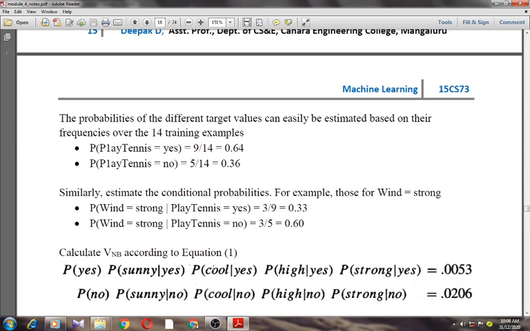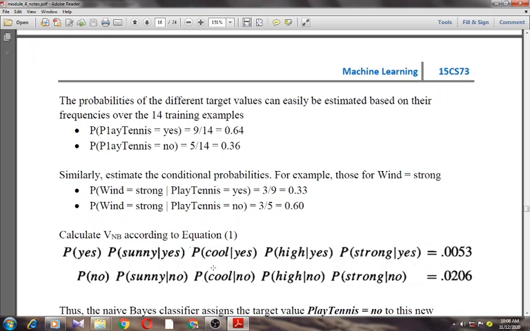So here we can notice that in the final expression, Ai has been instantiated using the particular attribute values of the new instance. To calculate V_NB, we now require 10 probabilities that can be estimated from the training data. First, the probabilities of the different target values can easily be estimated based on their frequencies over the 14 training examples.